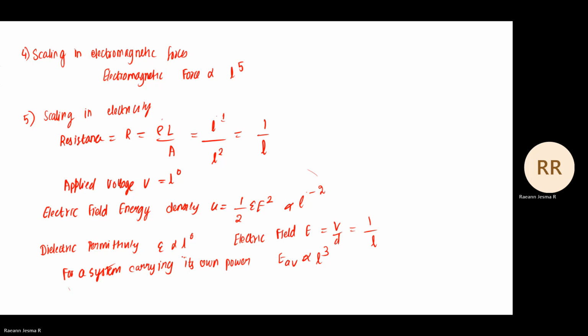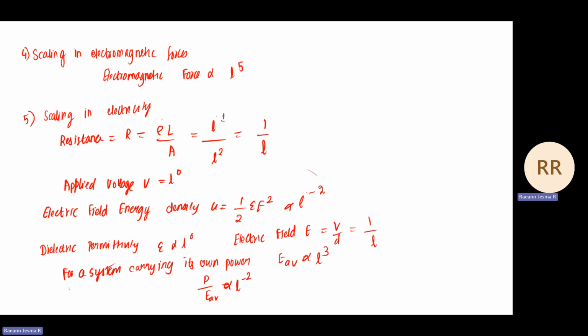If we divide power by energy, then we get the proportionality L power minus 2. So as the size decreases, we will have greater power loss as the resistance increases with the decrease in size. This is one of the disadvantages of scaling down in the power system.